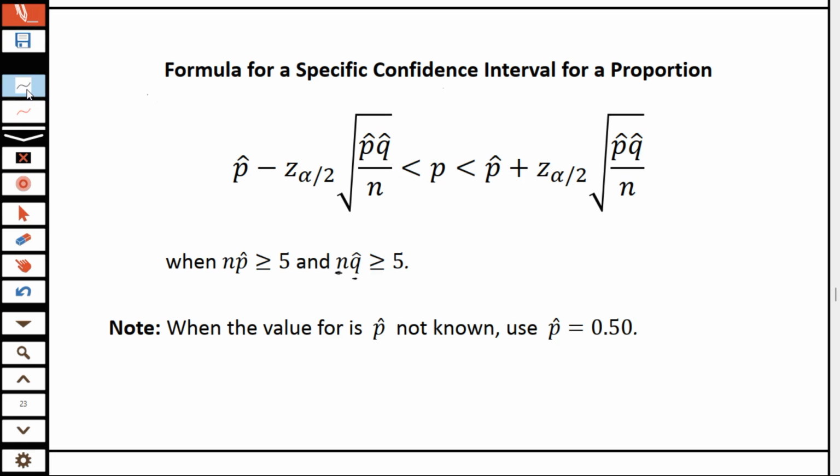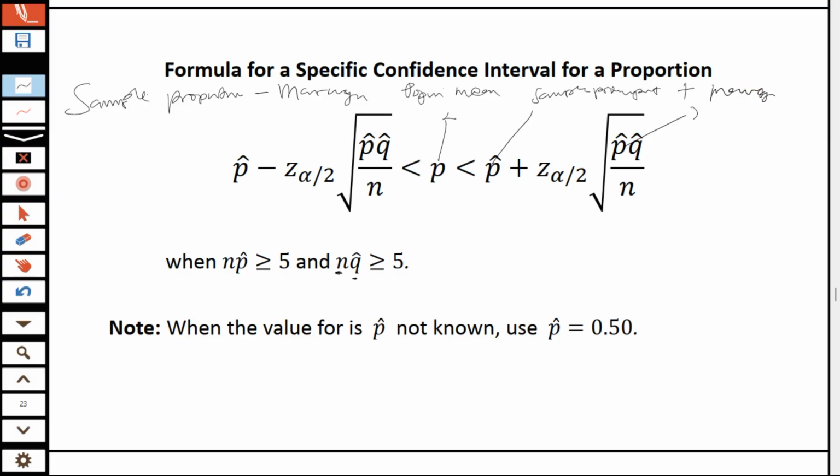Yes, thank you. So we have what we call the sample proportion minus the margin of error, and this part will be the sample proportion, and then this part will be plus the margin of error.